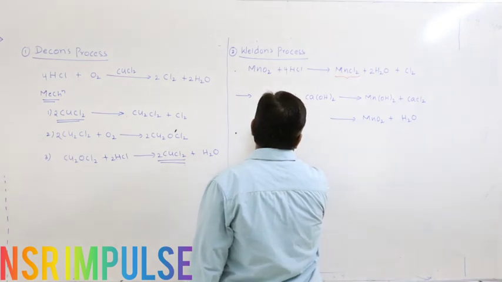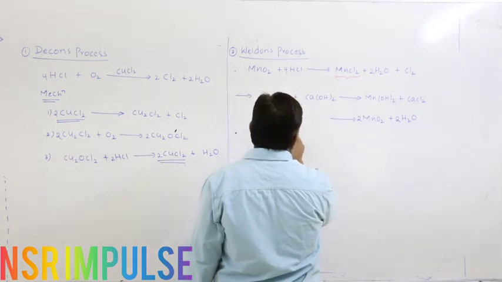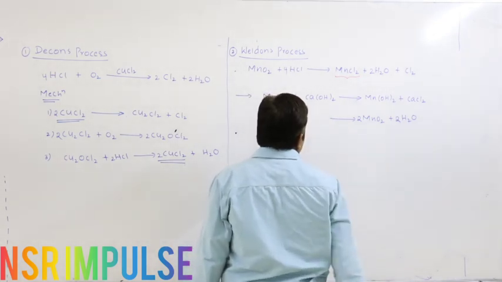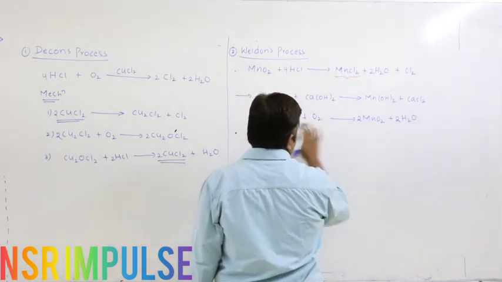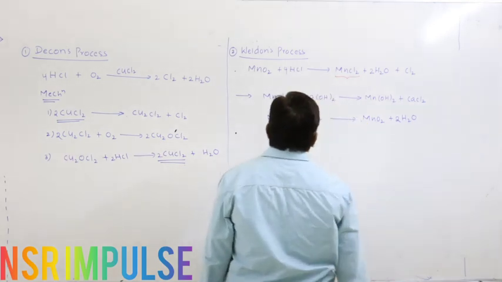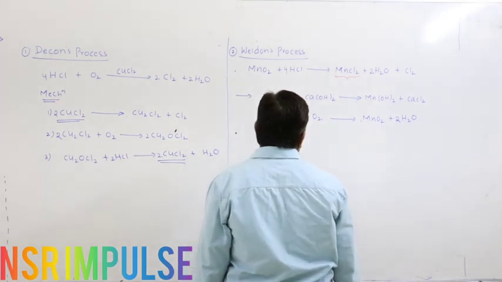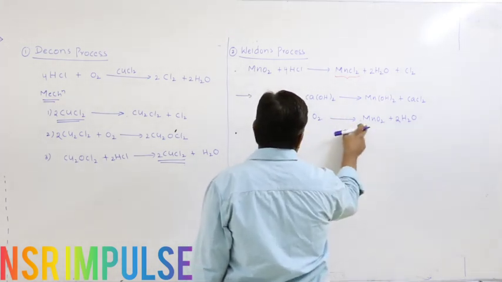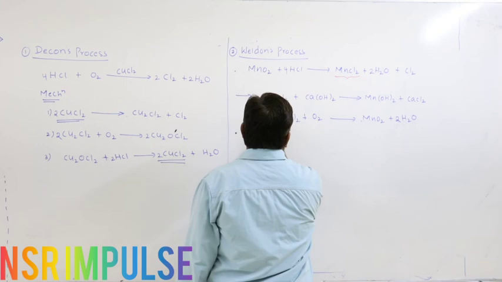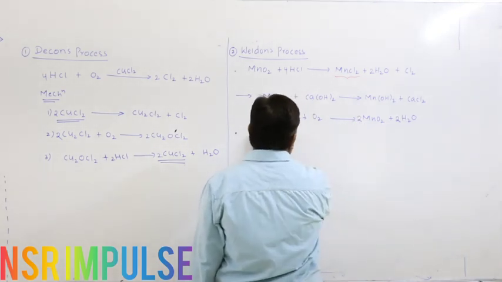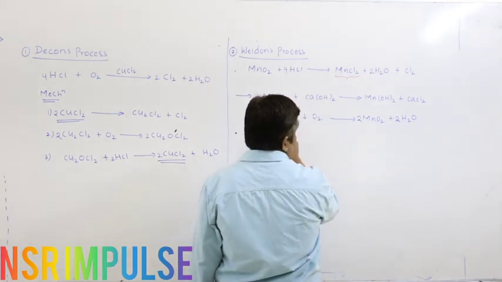If I take 2 here, 2 MnO2, 2 H2O, 4 hydrogens, 2 plus 2, 4. Let us write oxygen here. These are 4, 5, 6. 2 into 2, 4 hydrogens.